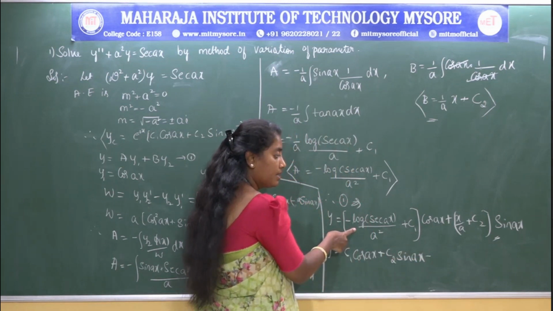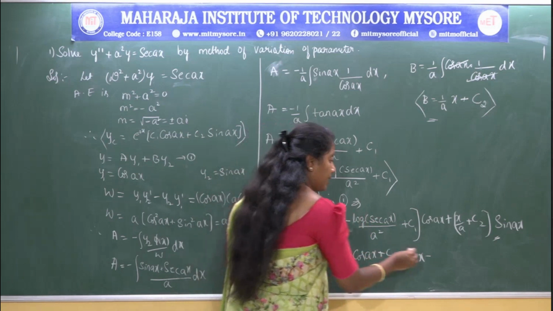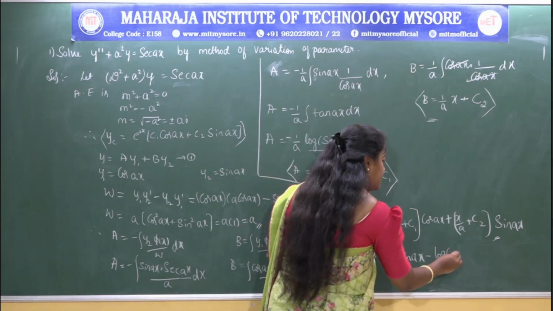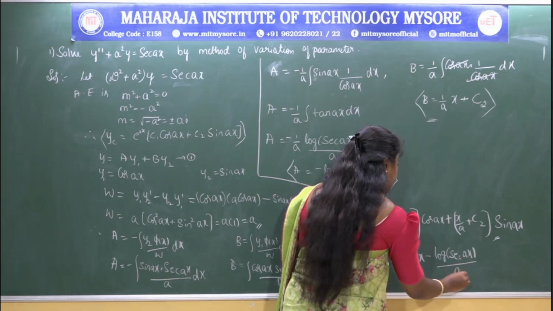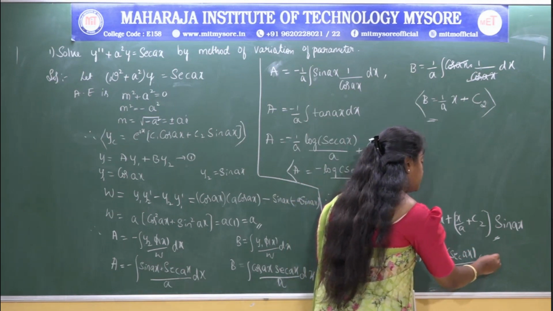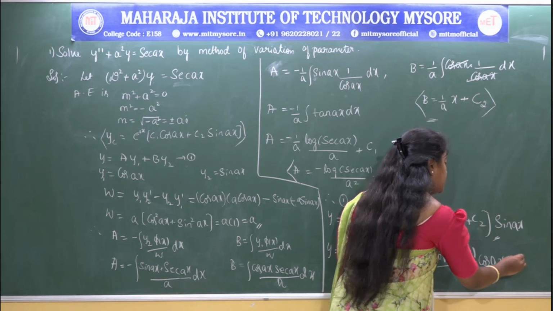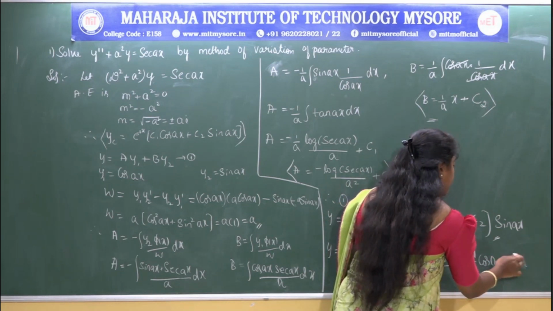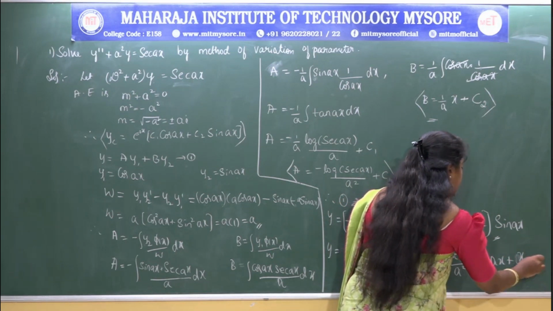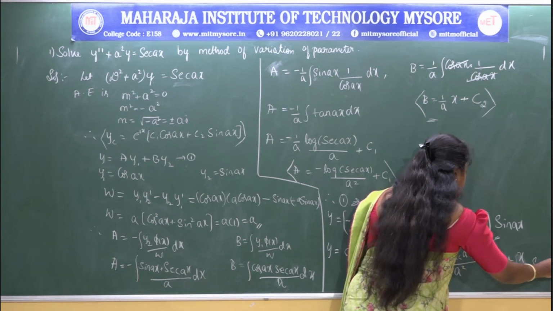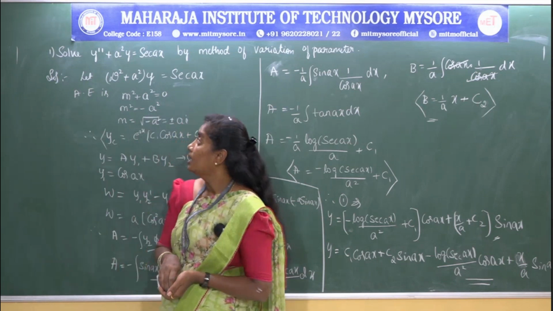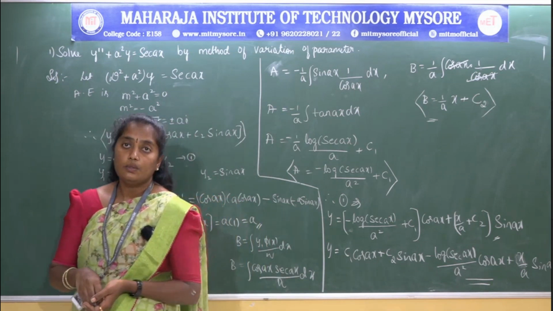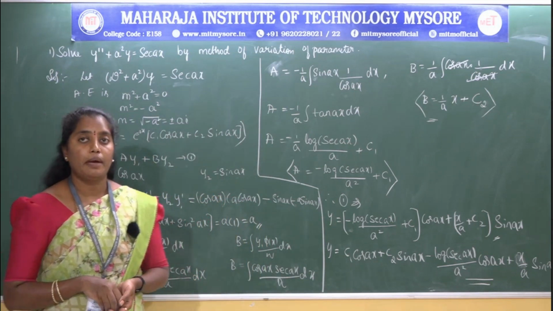Next, the first element of the first term, that is minus log of secant ax by a square into cos ax, plus x by a into sin ax. So this is the obtained solution of the given differential equation using the method of variation of parameters.